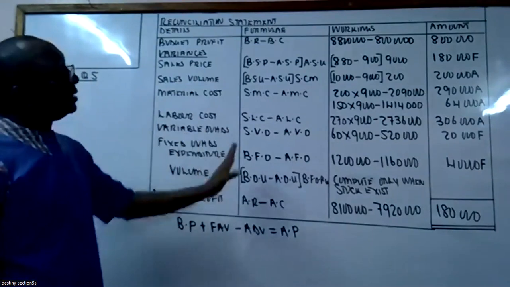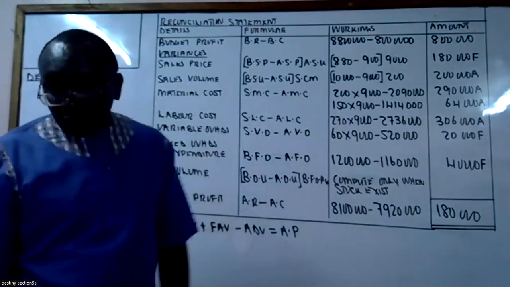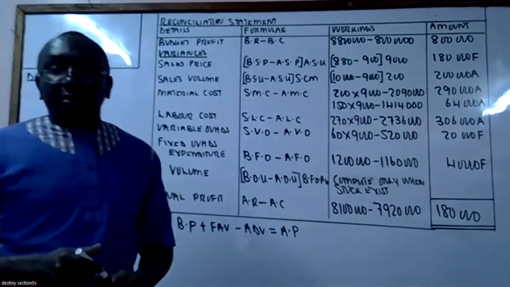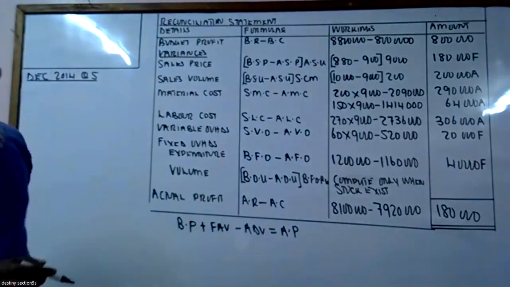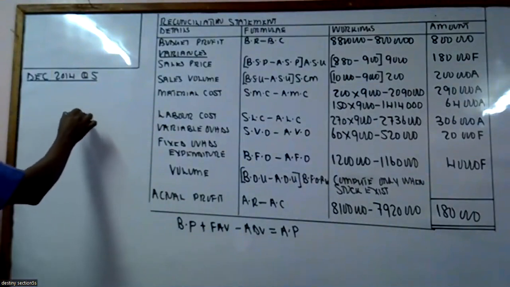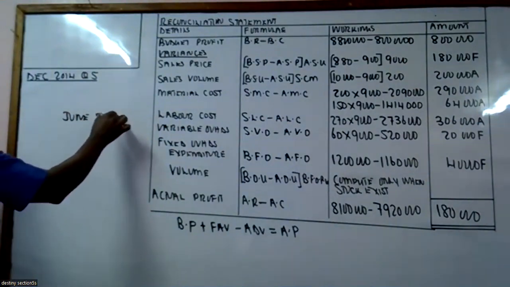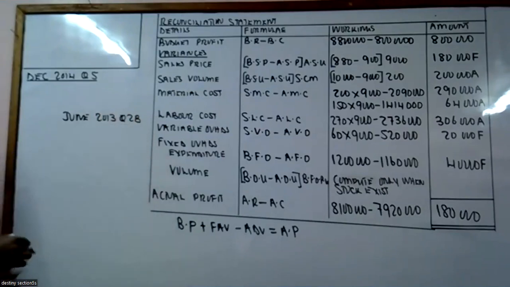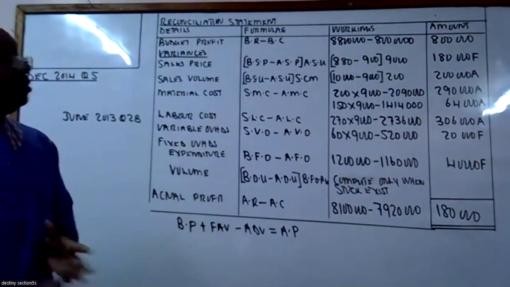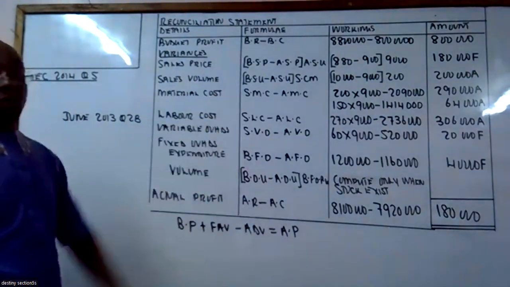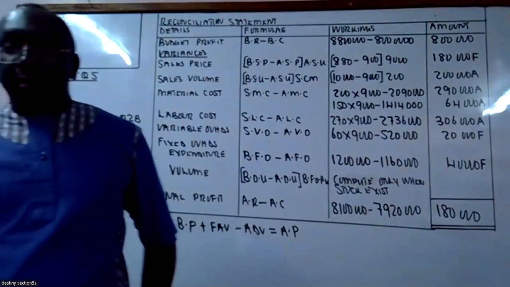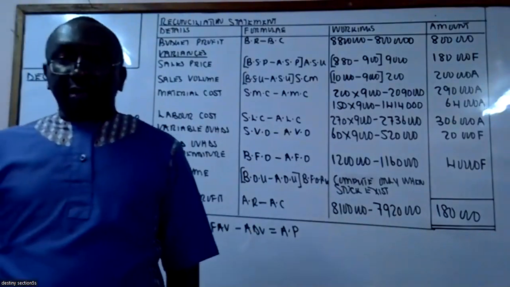Just get the format and then compute. To cement your understanding, you can try the question of June 2013, question 2B. Arrange it in the same way that we have done here.